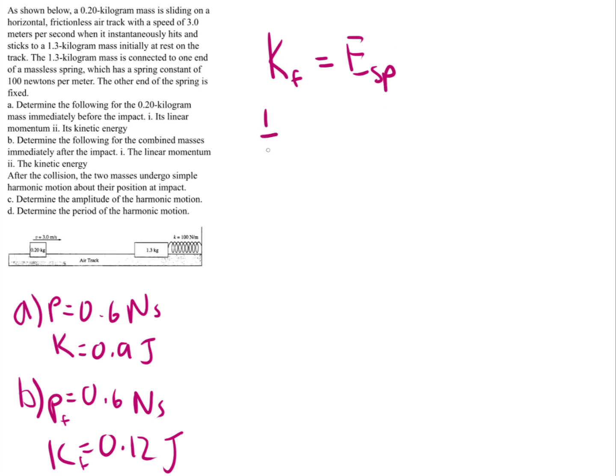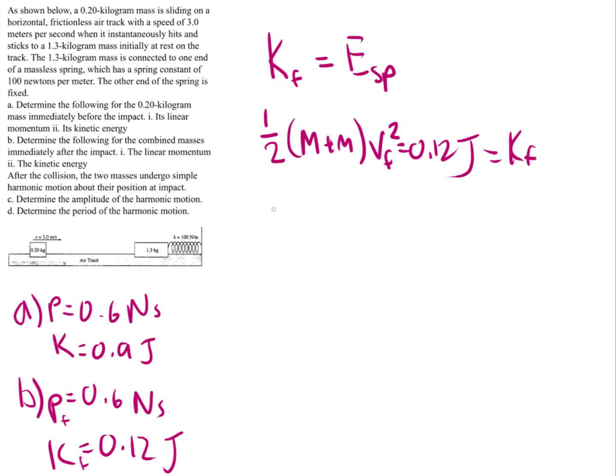The kinetic energy is 1/2 times the combined masses times the final velocity squared, which we found earlier to be 0.12 joules. So we can plug that in for the final kinetic energy, KF. And the potential energy of a spring is given by 1/2 times the spring constant times the displacement squared, where the displacement is how much the spring is compressed or stretched.